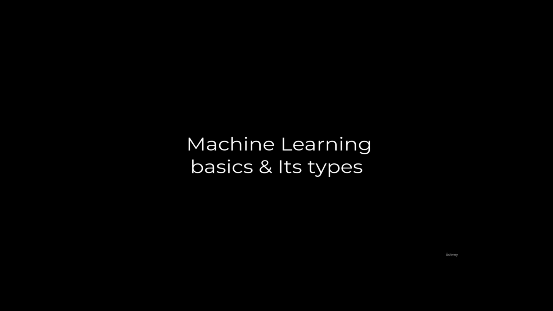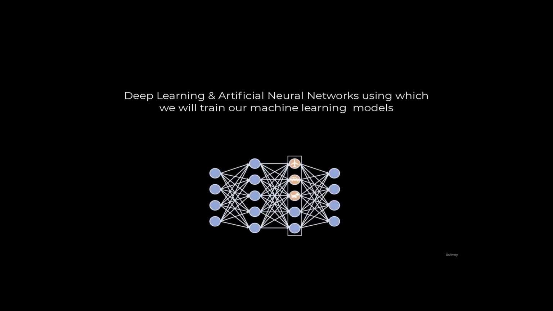So we are going to start this course by looking at the basics of machine learning and its types. And then we are going to learn about deep learning and artificial neural networks. And using deep learning, we are going to train our machine learning models for iOS applications.